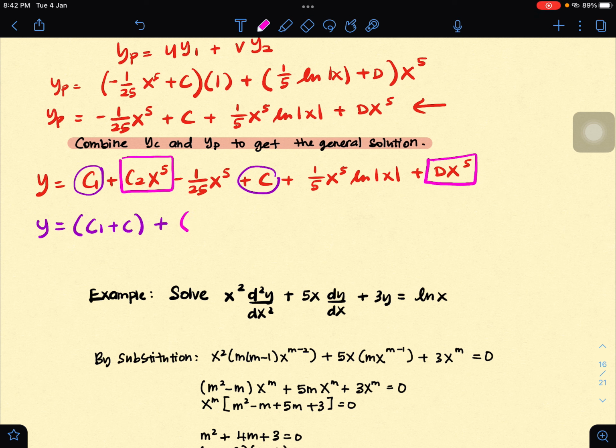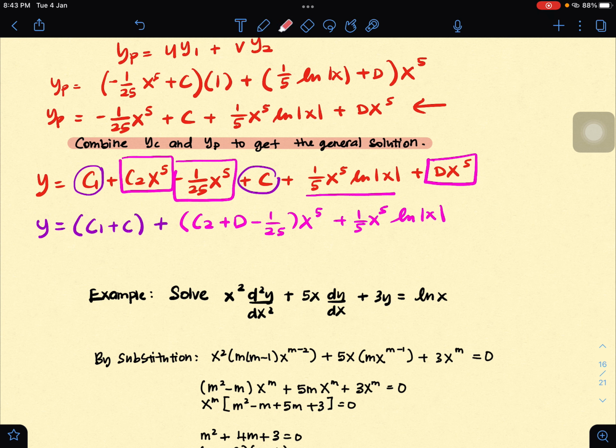So we will have c2 plus d x to the power of 5. We have another one, which is this one. Okay, so we have c2 plus d minus 1 over 25 x to the power of 5, and this one is the rest, plus 1 over 5 x to the power of 5 ln x.